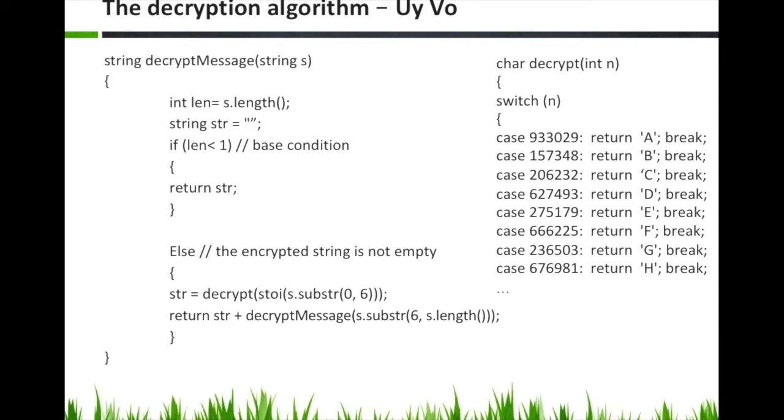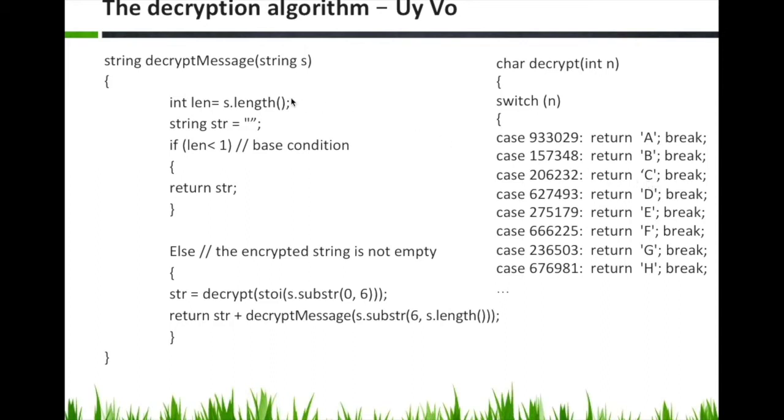For example, when we put an integer of 15738, the decrypt function will return letter B. And when we put the integer up to 06232, the function will return a letter C, and so on.